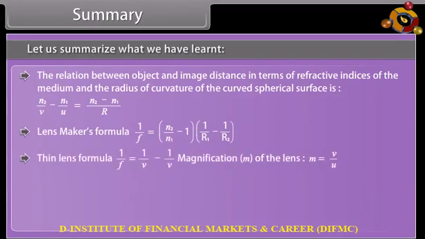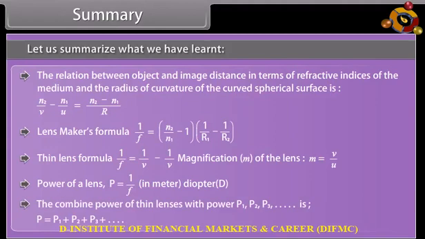Thin lens formula is this. Magnification m of the lens, m is equal to v/u. Power of a lens, P is equal to 1/f in meters, unit diopter D. The combined power of thin lenses with power P1, P2, P3 is P is equal to P1 plus P2 plus P3 and so on.